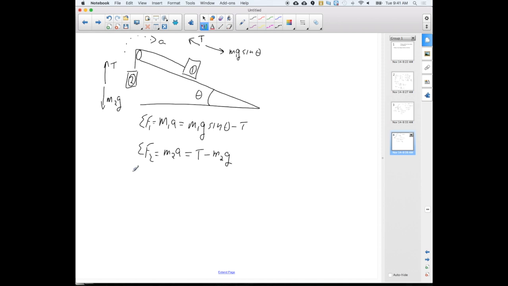We will add these and we will come up with M1 plus M2 times A is equal to M1G sine theta minus M2G. Acceleration is equal to M1G sine theta minus M2G divided by M1 plus M2.